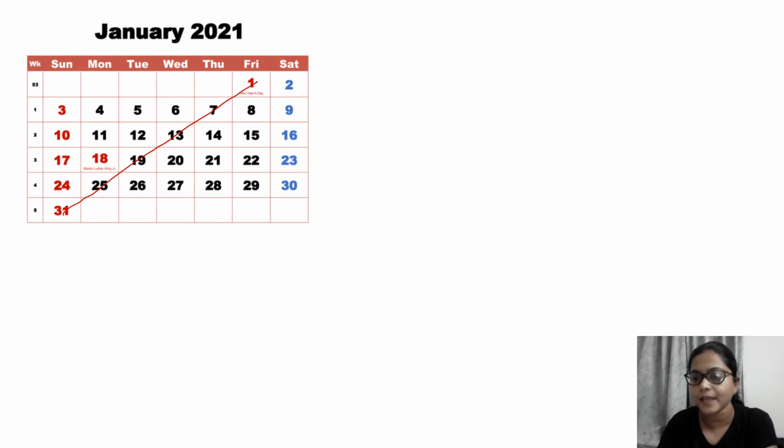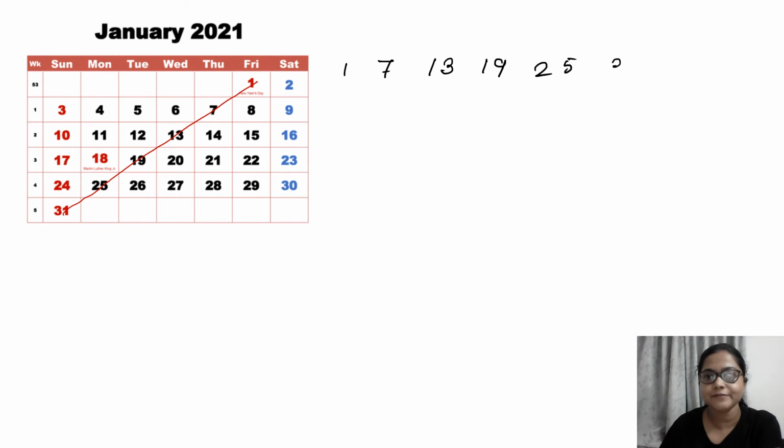Remember one thing: whatever line we draw on the calendar sheet, the numbers that fall on that line are all in arithmetic progression, that means in AP. Here the common difference is 6 and the numbers are 1, 7, 13, 19, 25, 31.